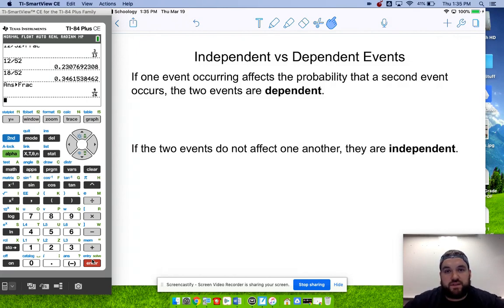An example of this is if it's 10 degrees outside, what's the probability that it snows? Well, if it's 10 degrees outside, there's a much higher probability of it snowing than if it's, say, 60 degrees outside. So temperature and type of precipitation would definitely be dependent events because the value of one affects the other one.